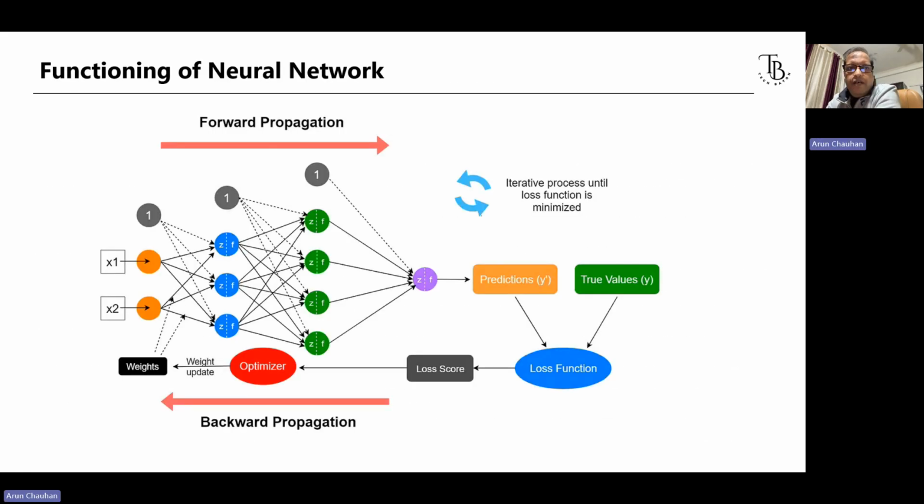So this is the functioning of a neural network, right? Let's read this slide from left to right. These are the different inputs that are going into the network, and we have created multiple layers.